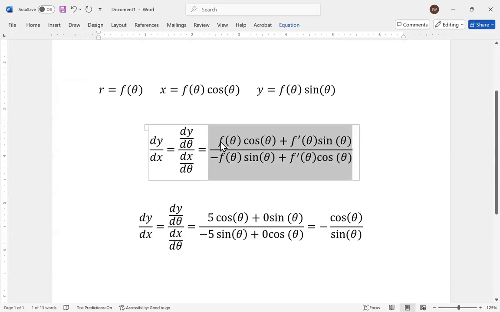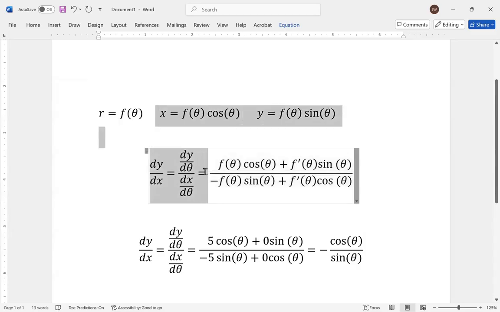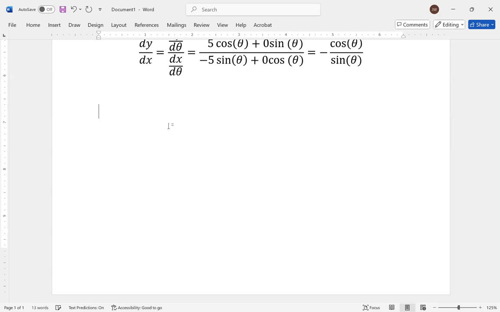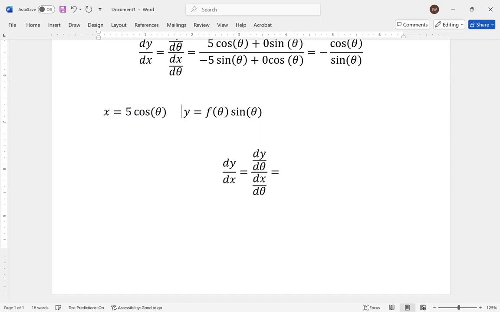The other option that you have is to take y equals f sine theta and say, oh, that's just 5 times sine theta. Let me go ahead and do this another way. So the other option you could have done is say, my function is just 5.